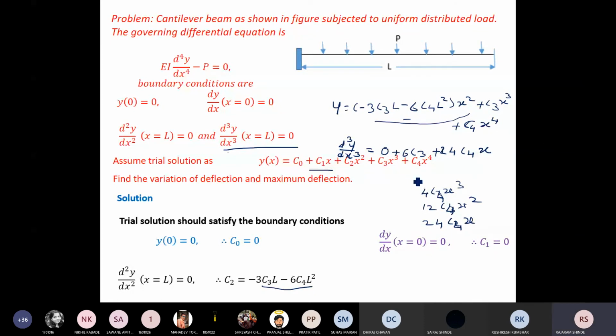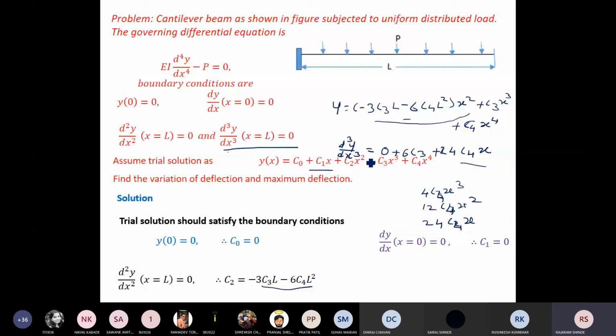You check it. Rishikesh, is it correct? Whether it is correct or wrong? Okay. Now this is your third derivative.